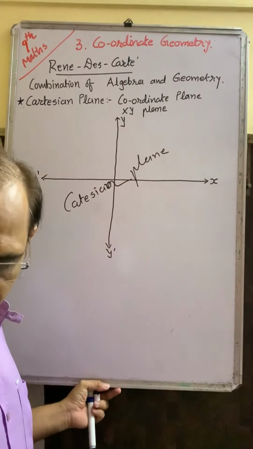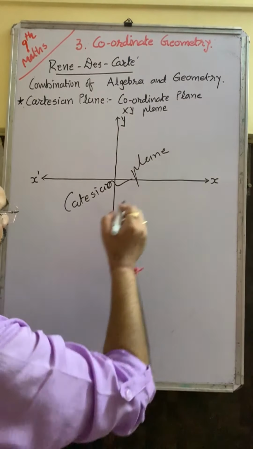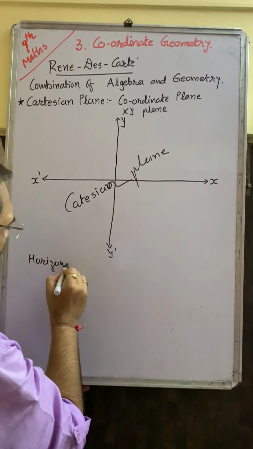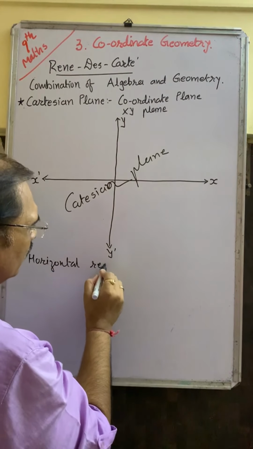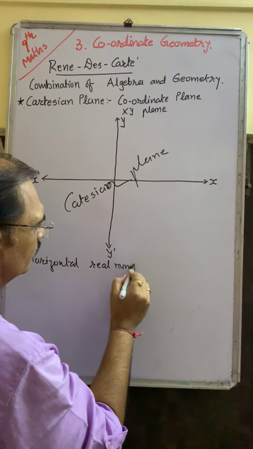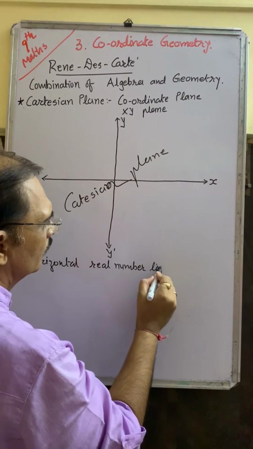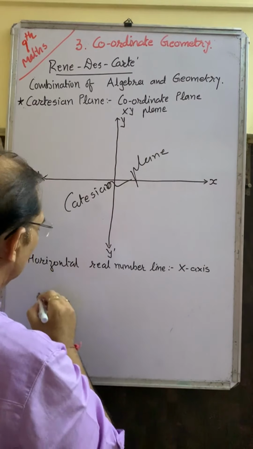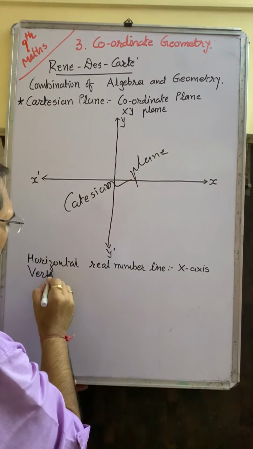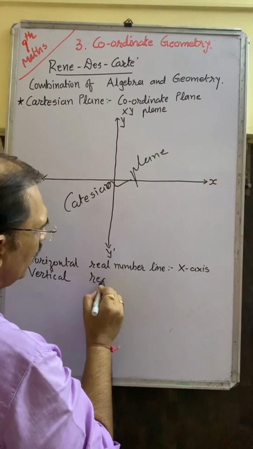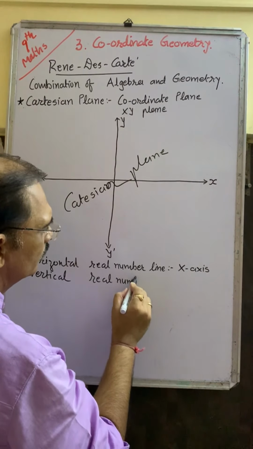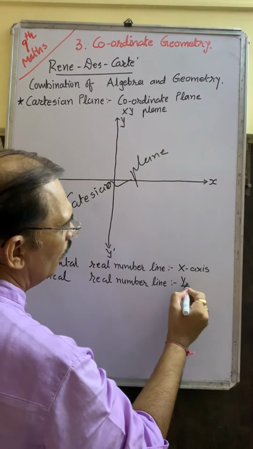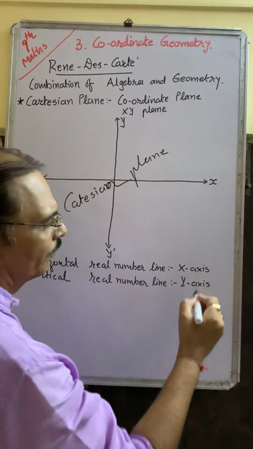Is it okay? Now, the horizontal real number line is called x-axis. The vertical real number line is called y-axis.